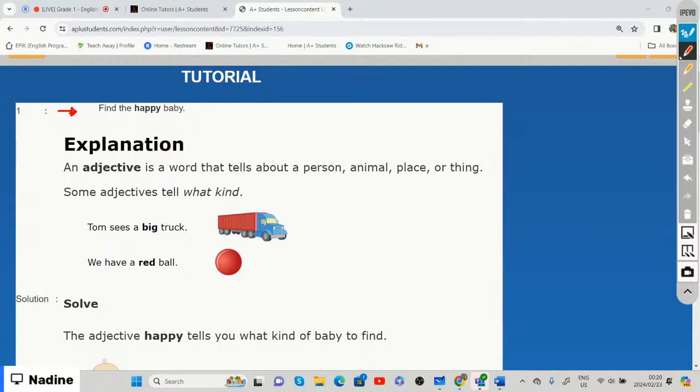All right. So if we say find the happy baby, then what is the adjective that describes what type of baby it is, or what kind of baby it is?